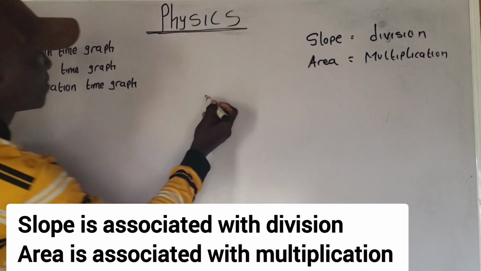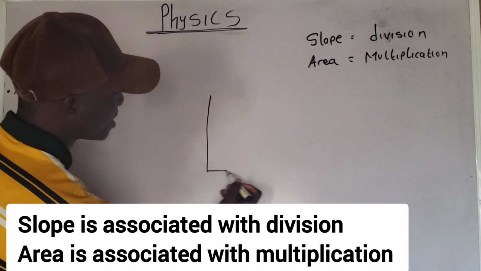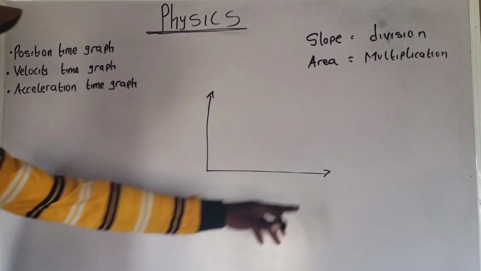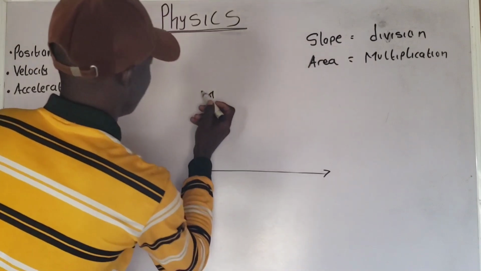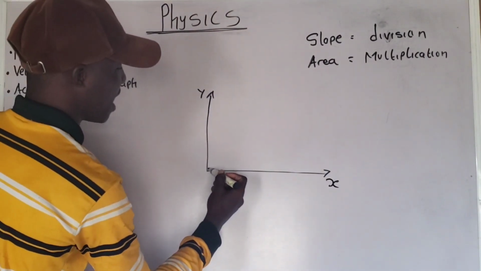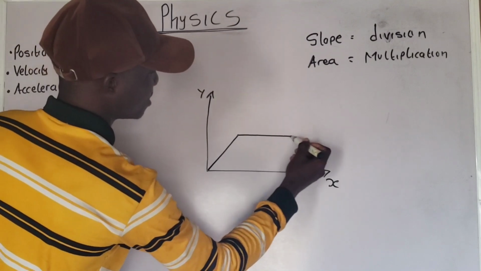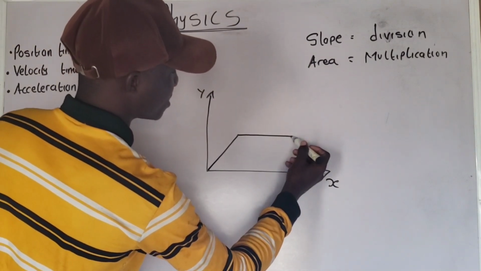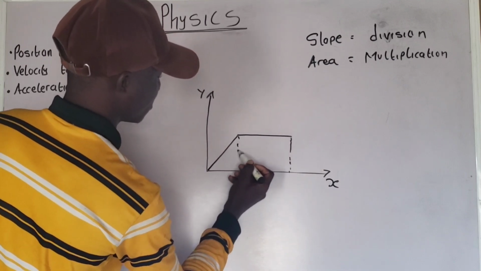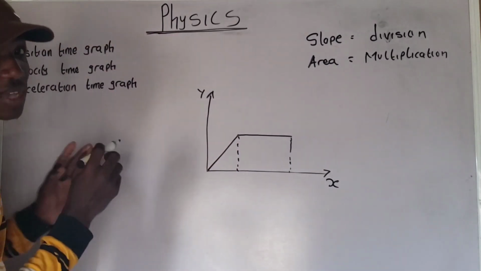Let's say we have this motion time graph. We have the y-axis and the x-axis, okay? Let's say an object travels in this direction. Please pay attention.